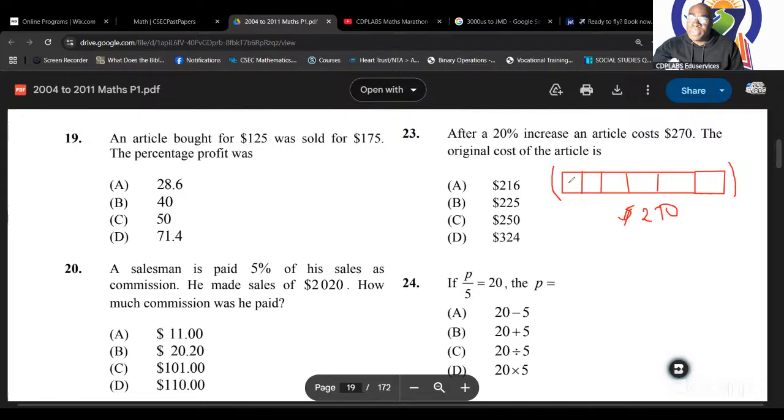So what we basically did right here: if you were to divide the 270 by 6, how much would you get?